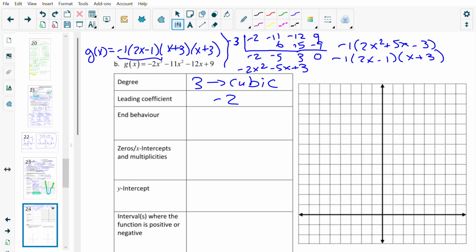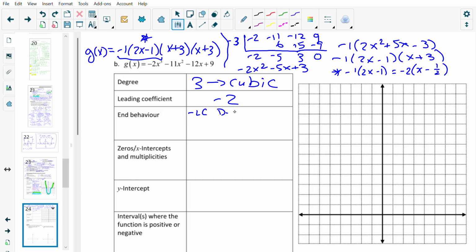Why is it -2? So if I can rewrite this part right off to the side. That's -1 times 2x minus 1, which equals, if I factor out a 2, 2 times x minus 1/2. Okay, so if you multiply that out, the lead coefficient is -2.